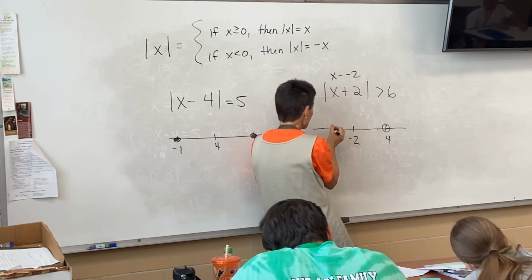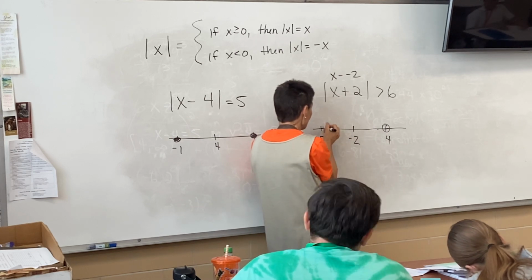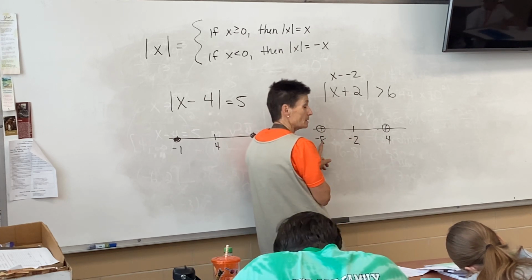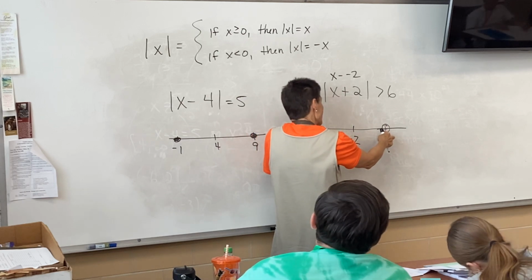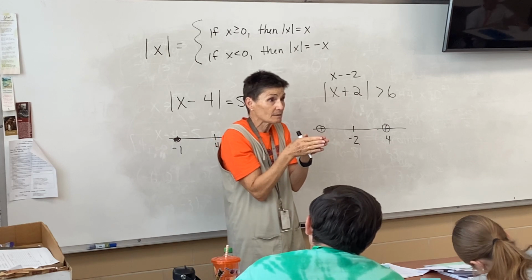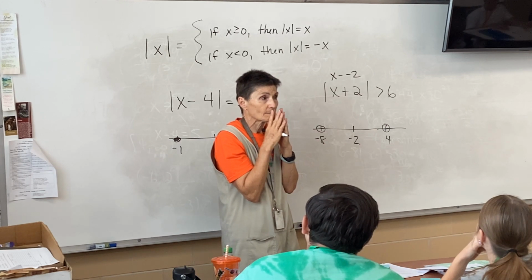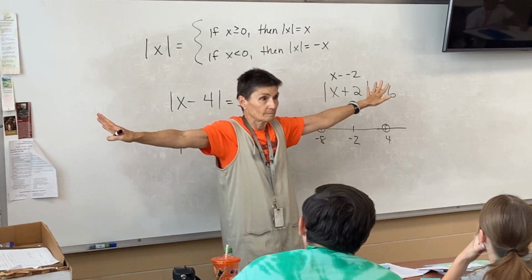And I'm going to go 6 this way because I don't know which way to go. I can go either way. And that will put me at -8. These 2 points are where the distance is exactly 6. Where's the distance going to be more than 6? Out here?